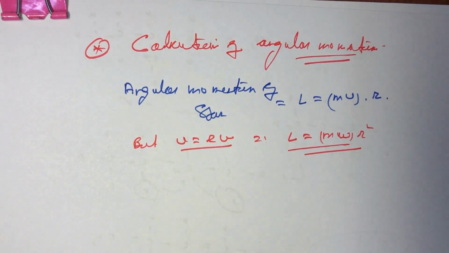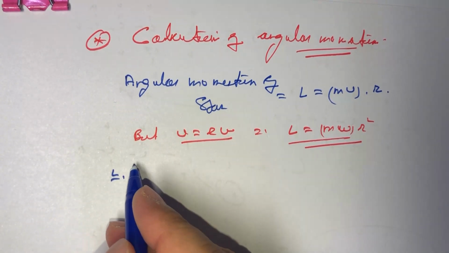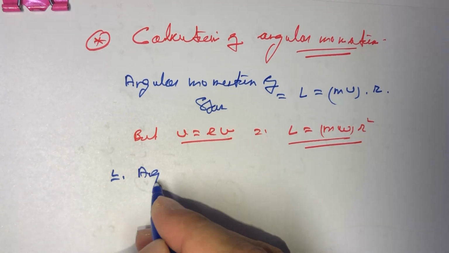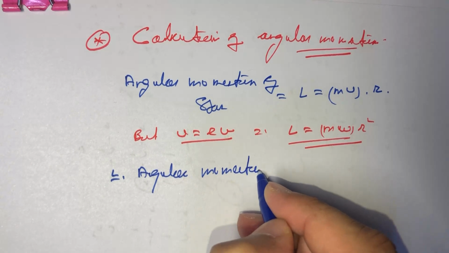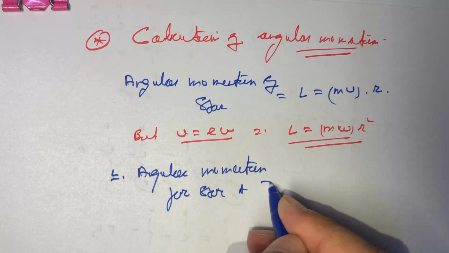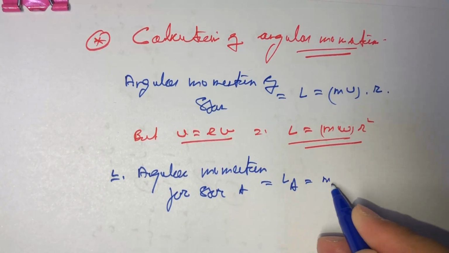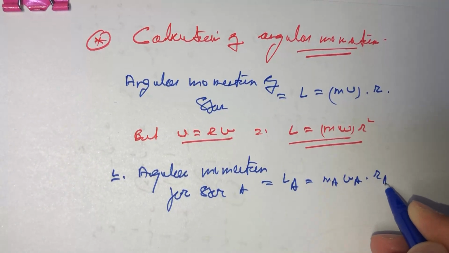Now let us modify this formula for both star A as well as star B. So we say angular momentum for star A, given as LA, will be equal to mass of A, angular frequency of A multiplied by RA square.